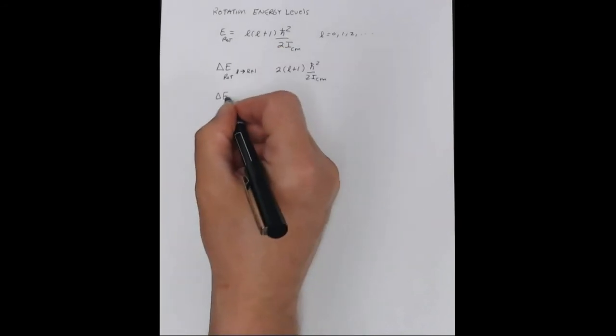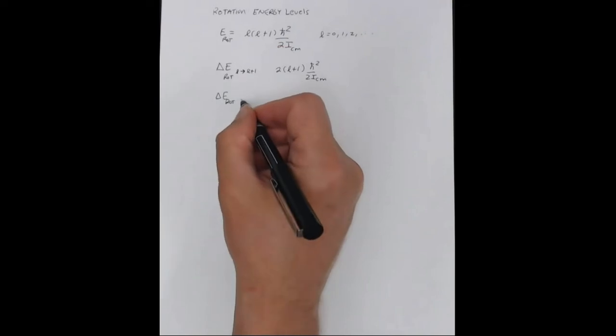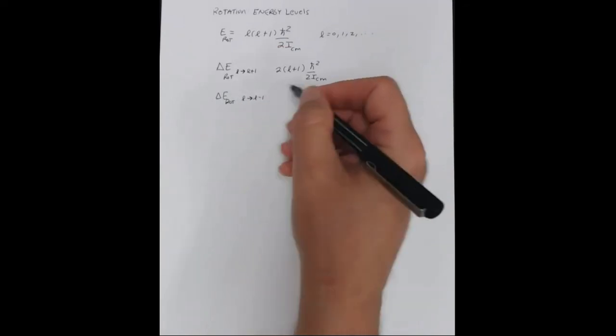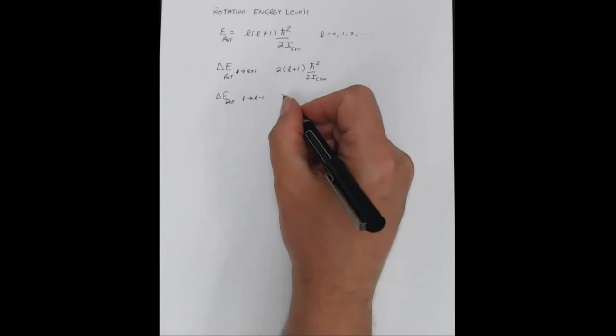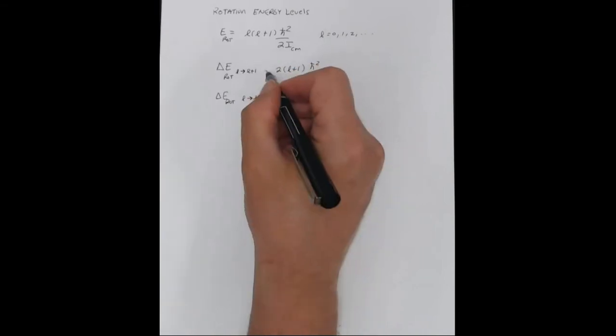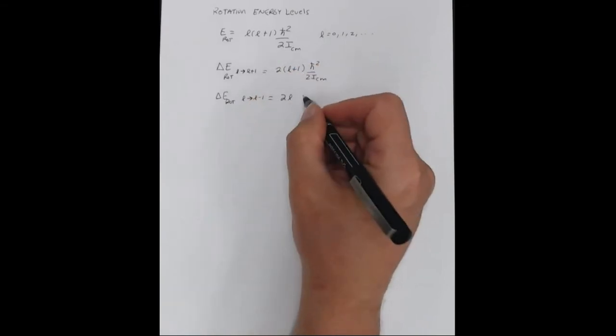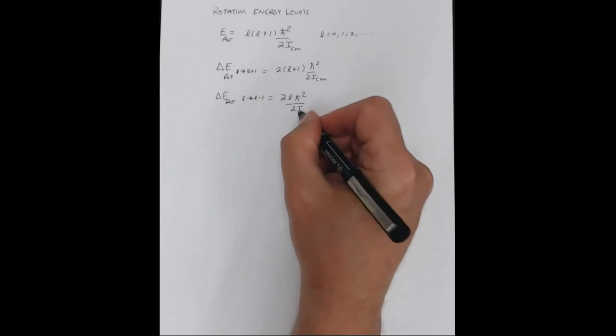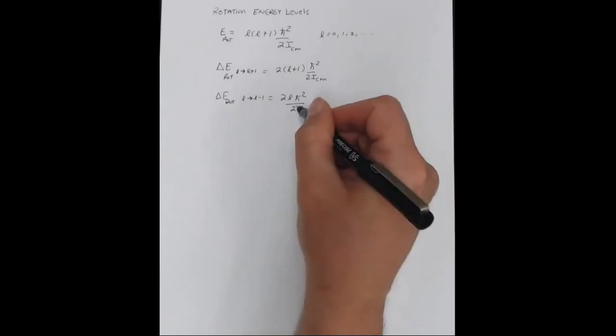And for a change in rotational energy if you went down in L, from L to L minus 1, we got this. And we can cancel those out if we want. Okay, so that's just to remind you about the rotational energy of the diatomic molecule.